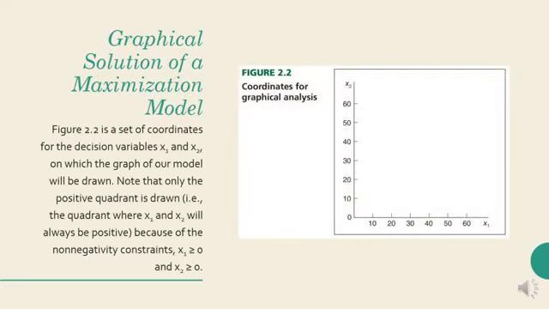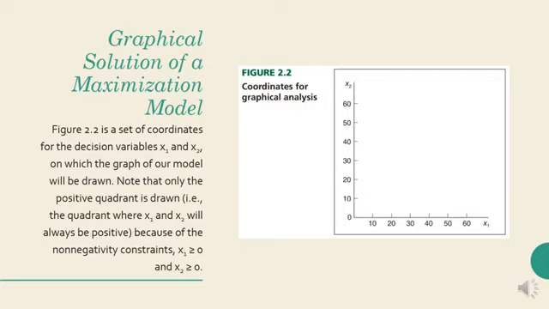Okay, so meron tayong coordinates dito, no? Figure 2.2 is a set of coordinates for the decision variables x1 and x2, on which the graph of our model will be drawn. Okay, so yung tinatawag na vertical axis, okay, for x2, for mugs.